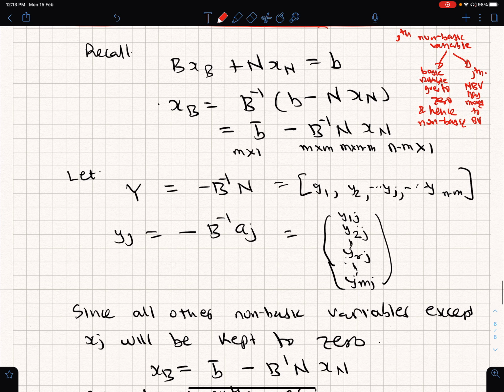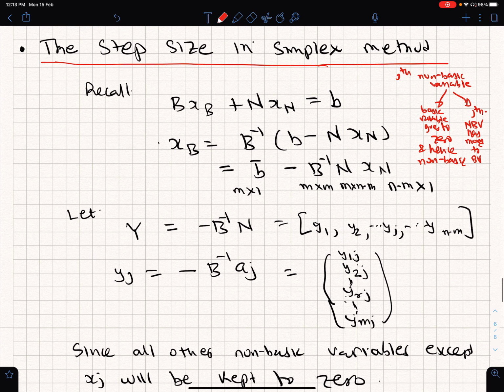To understand this phenomenon, what we are saying is, this is our Ax = b equation: BxB + NxN = b, where xB and xN are partitions of the overall n variable set x1 to xn, partitioned into m basic variables and n minus m non-basic variables.